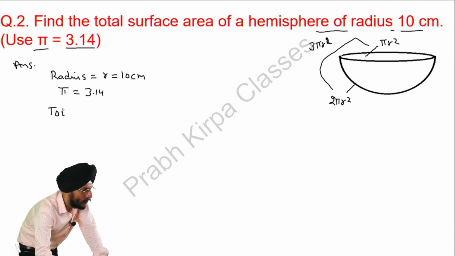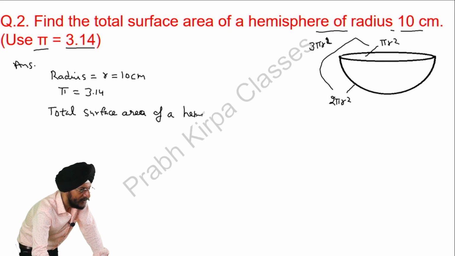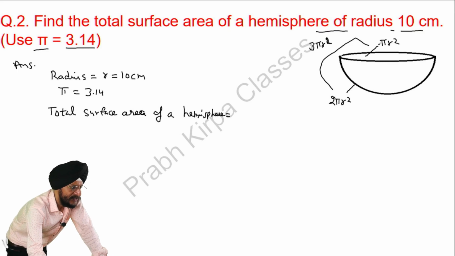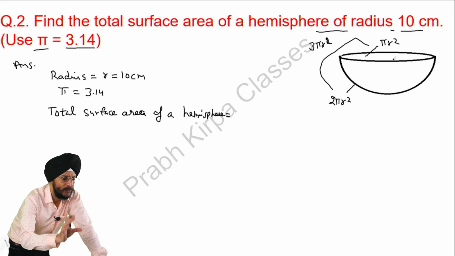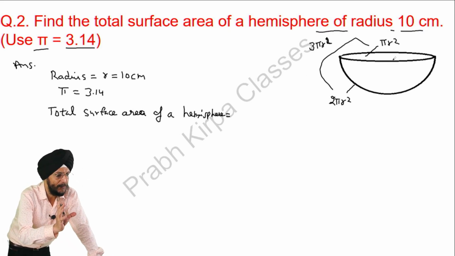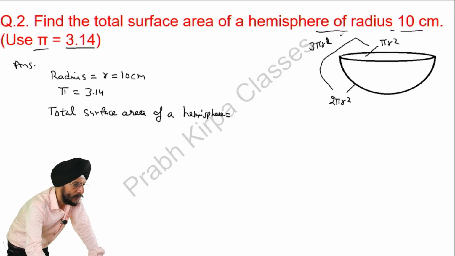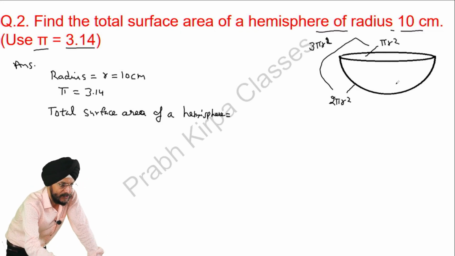What we are to calculate? We are to calculate total surface area of a hemisphere. This calculation of formula has been only shown to you for the purpose of remembering. You need not draw this picture.